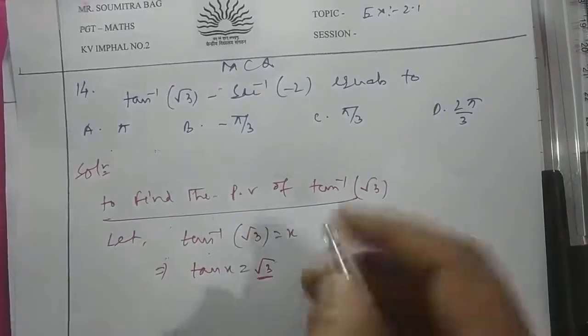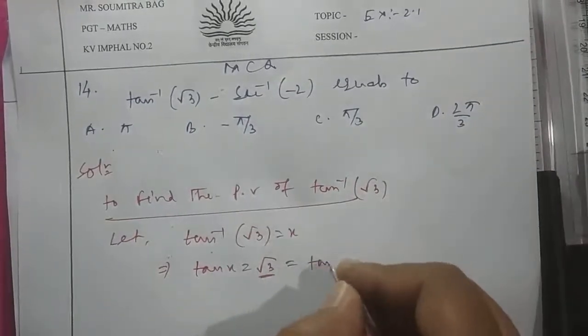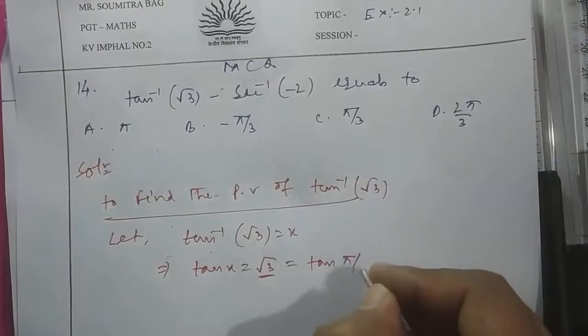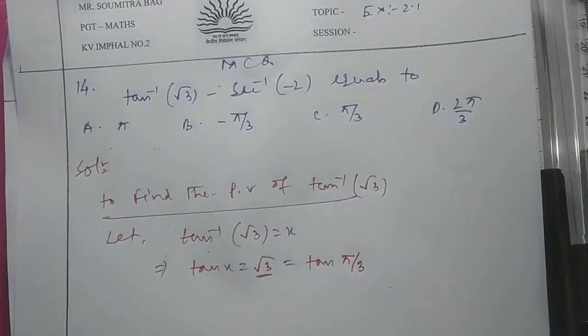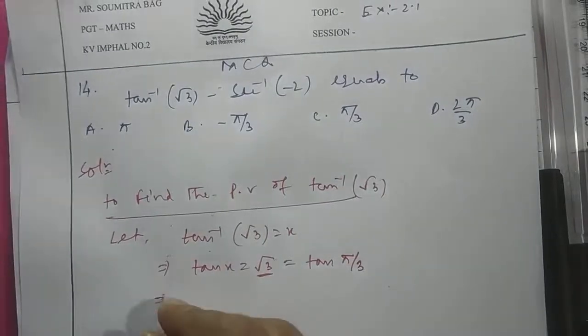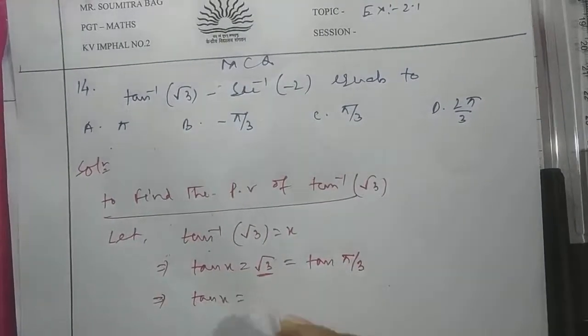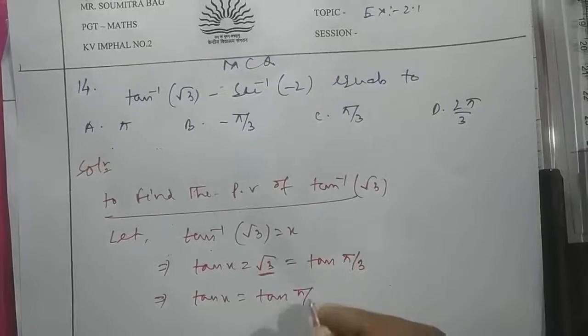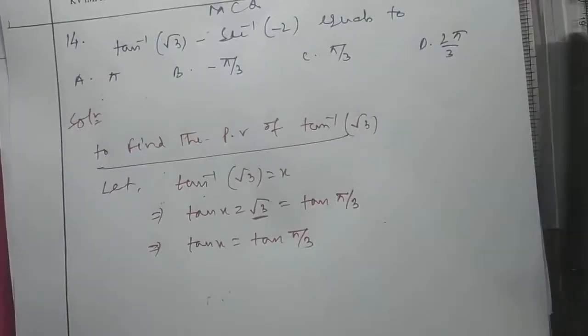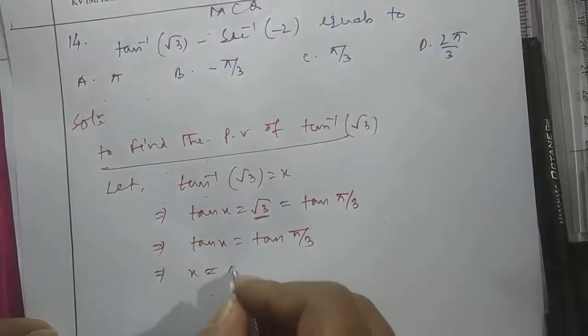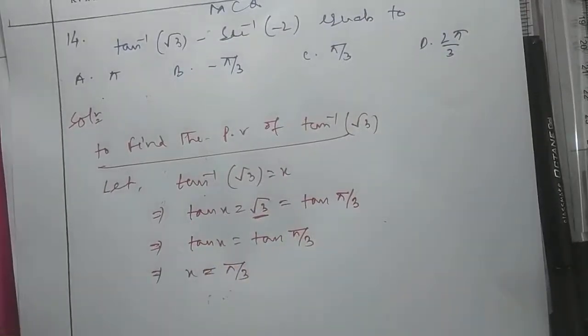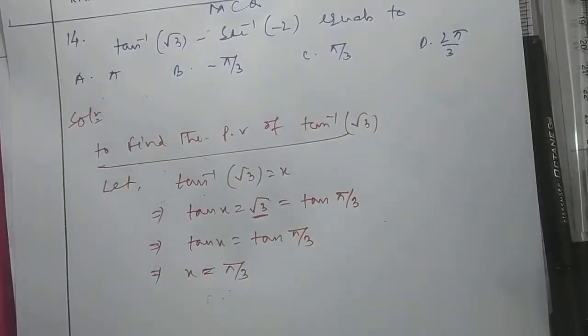We know tan 60 is root 3, so it will be tan pi by 3. So root 3 can be written as tan pi by 3. So ultimately we get tan x is equal to tan pi by 3. Correct? So from here we can get x equal to pi by 3 on comparing both sides.